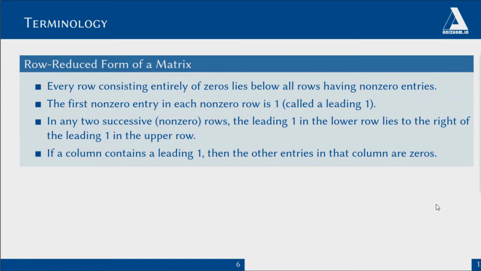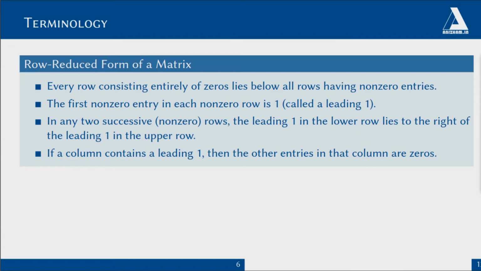So before implementing it in matrices, we have to know some terminology related to this one. One is the row reduced form of a matrix. In the case of a row reduced form of a matrix, every row consisting entirely of zeros lies below all rows having non-zero entries. That is, we know that in the case of matrices, the numbers are arranged in rows as well as columns.